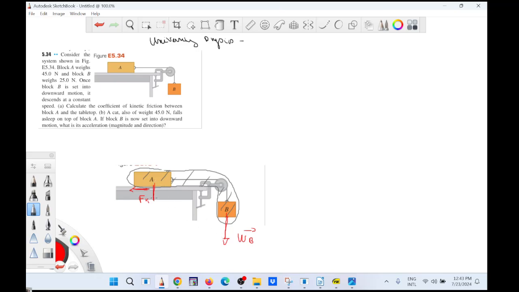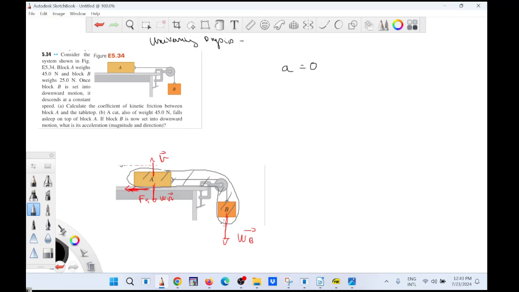Of course, you also have the weight here and the normal force, but they cancel each other, right? Up equals down. So what matters is the net force will be this minus that. So in that case, it's in equilibrium because a equals 0. Okay, so let's write down Newton's second law.